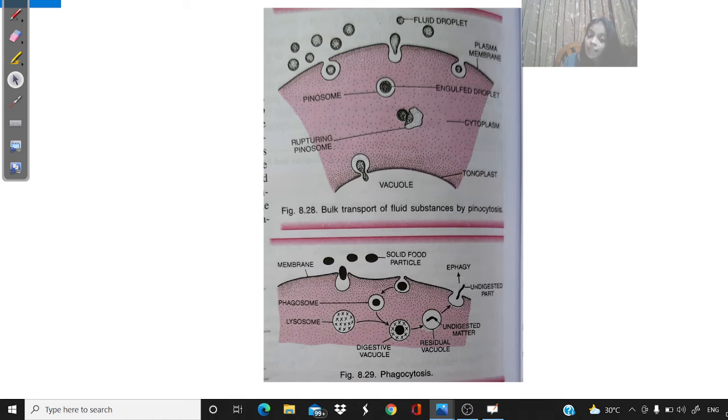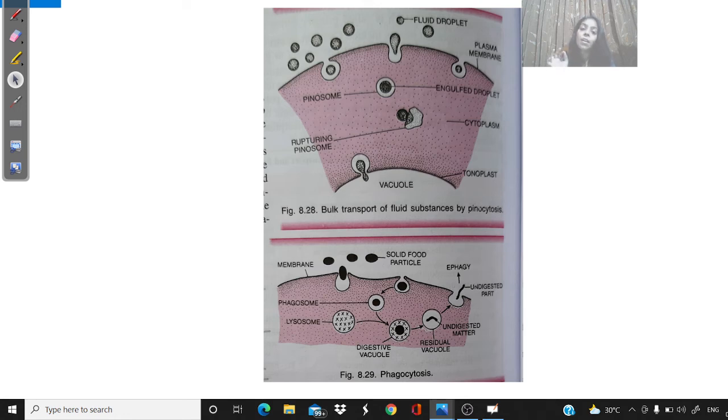And then the two sides of the membrane enclose the solid food particle and form a phagosome. Now this phagosome will fuse with a lysosome. What is a lysosome?